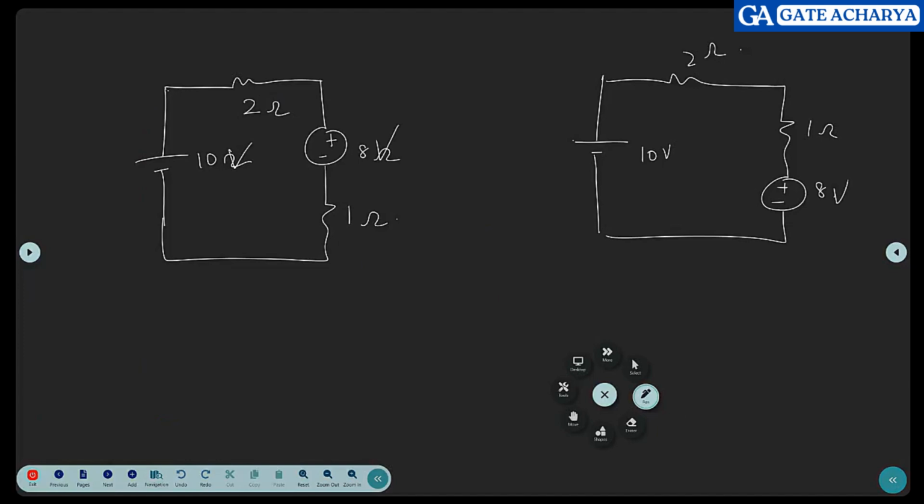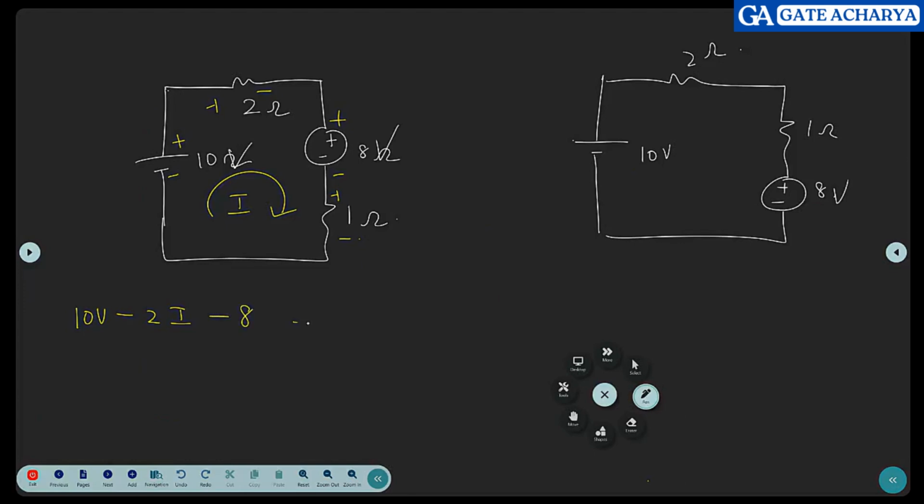Let's write KVL. Use another color. See, this will be helpful to us. Minus to plus, plus to minus, plus to minus, plus to minus. So what will it be? 10 volts minus 2 into I. I don't know what that I is. And then what do you say about this? Minus 8.